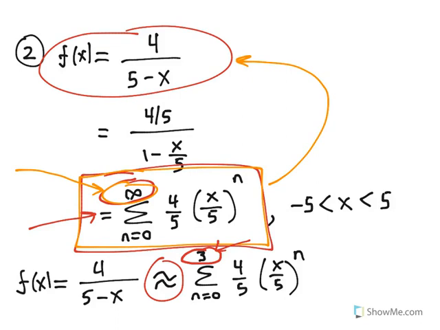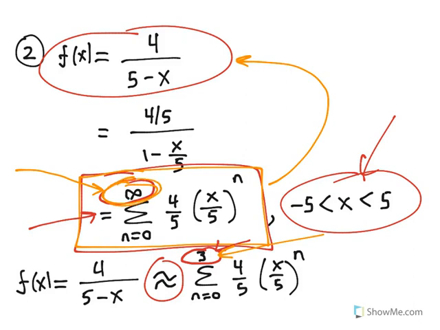And it would be approximating the function on this interval of convergence. The more terms I have in my partial sum, the better the approximation will be. And if I have an infinite sum, this geometric power series will be an exact representation of the function f on this interval of convergence.